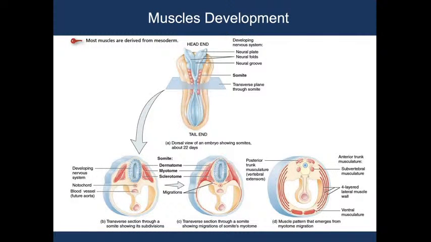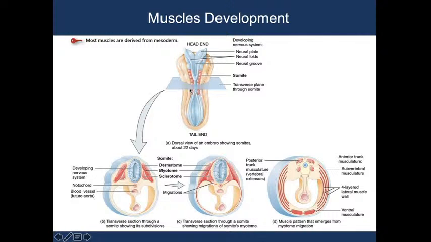The development of muscles comes from the somites. This is a small part of the embryo body, and somites are a part of mesoderm. All muscles are derived from mesoderm.